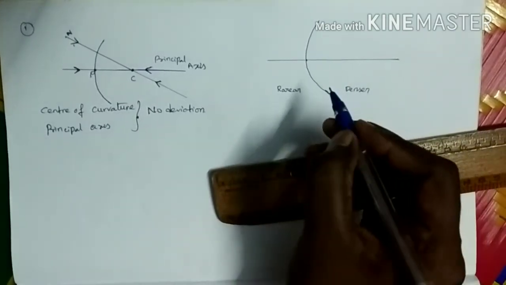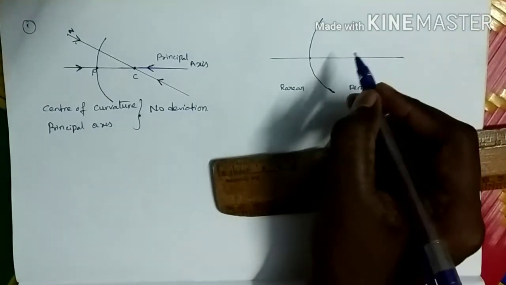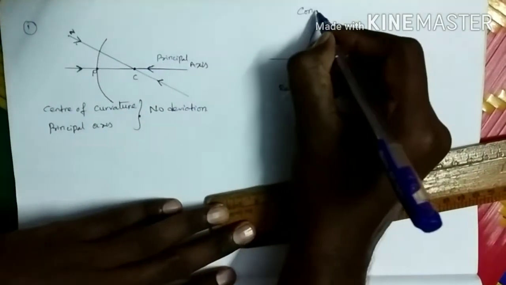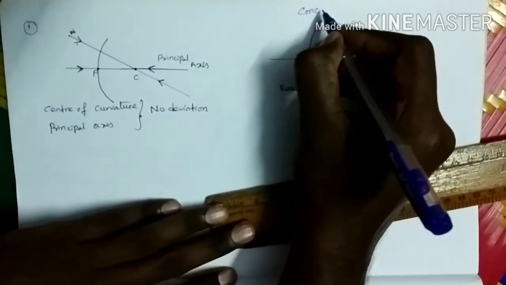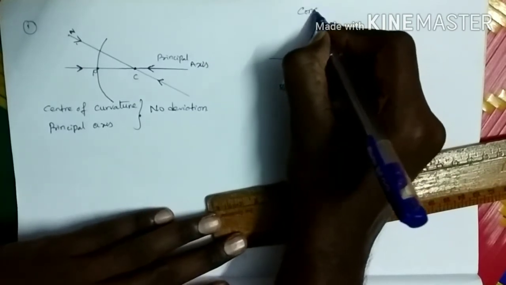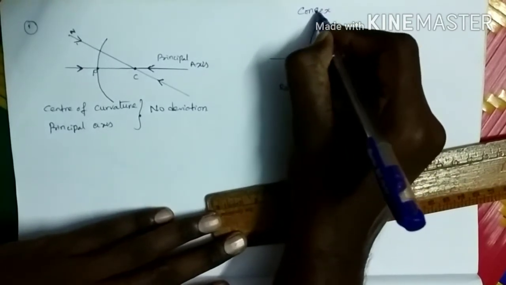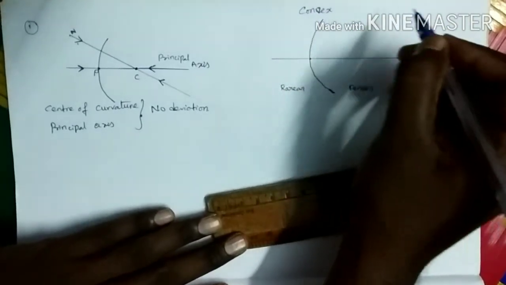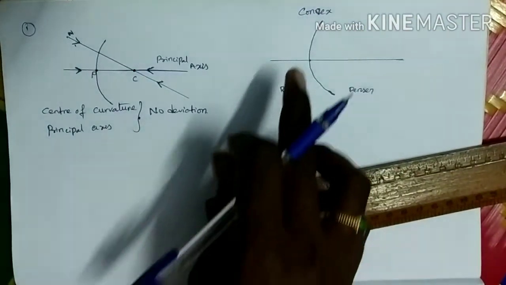Observe here carefully. Here I am taking a convex curved surface. First I will tell about the convex curved surface, after that how the refraction of light takes place in a concave curved surface. Observe this carefully.